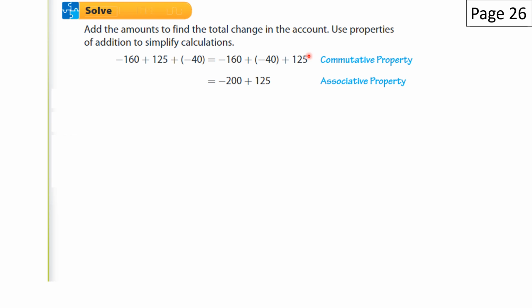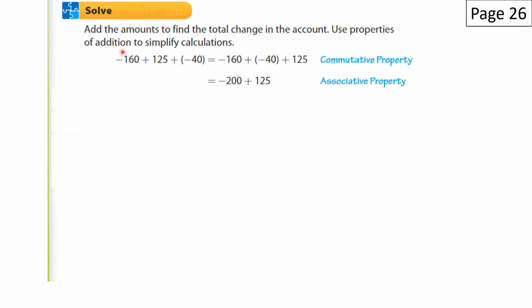I'd like to explain what's happening right here. You have these numbers, but since you're adding each of them, you could rearrange the order of these, and that's what happened here. They saw that 160 plus 40 is 200, and you can kind of do that in your head.